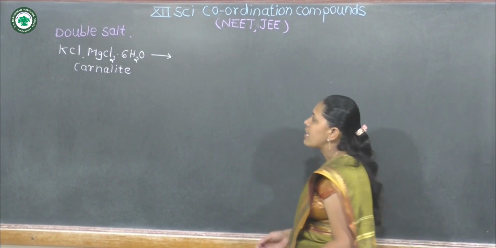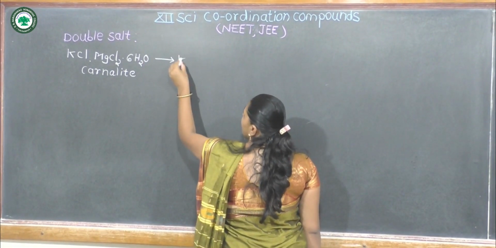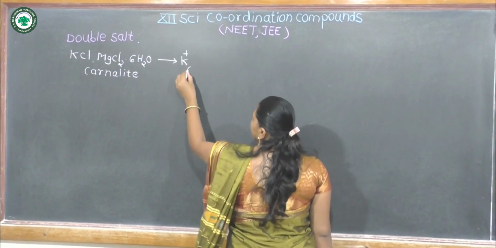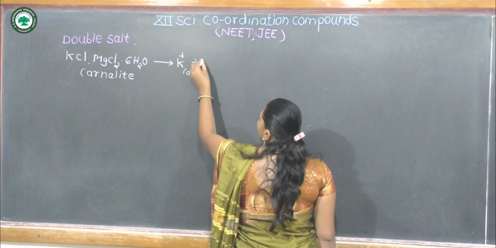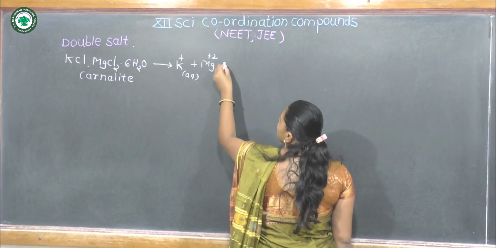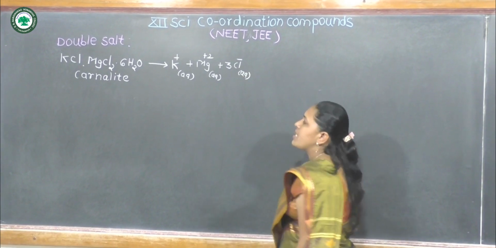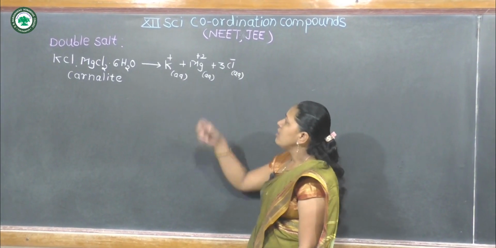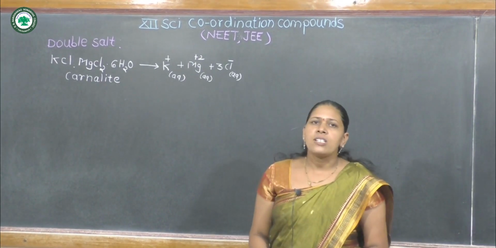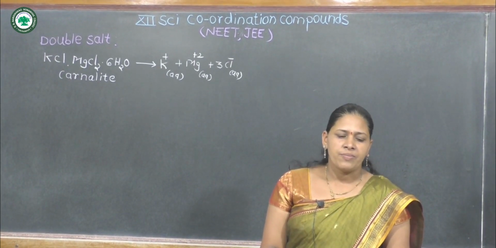For example, carnallite, when dissolved in water, forms K+ ion, plus Mg2+ ion, plus 3 Cl- ions. That means all 3 ions are completely different from the double salt. That means double salt loses its identity in aqueous solution.